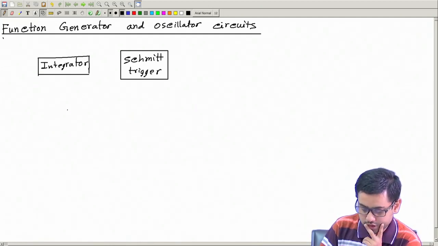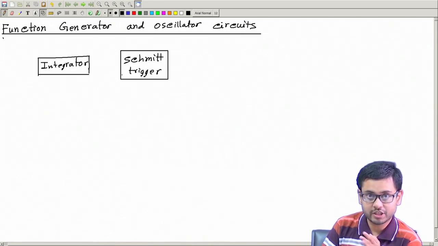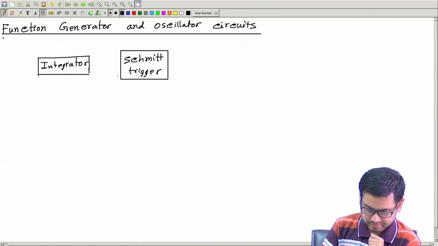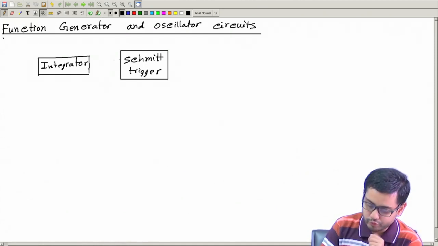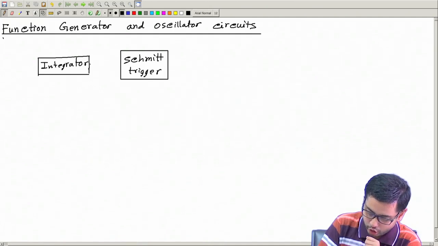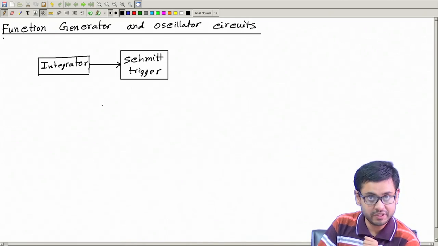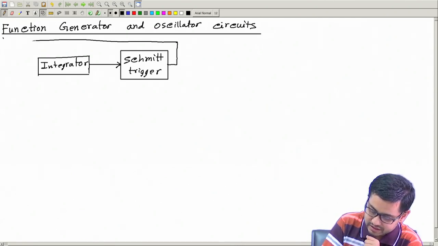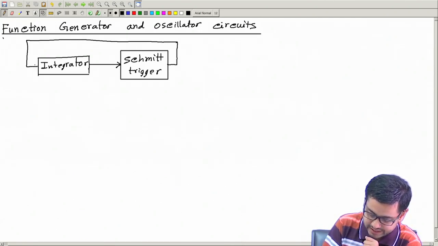Now, we will connect these in a way so that it generates a continuously oscillating waveform. The output of the integrator will go to the input of the Schmitt trigger, and the output of the Schmitt trigger will go to the input of the integrator.